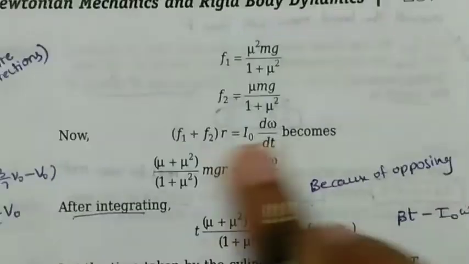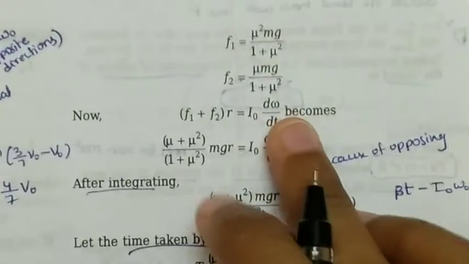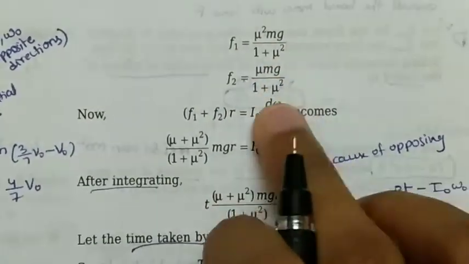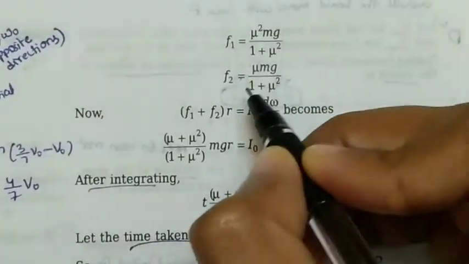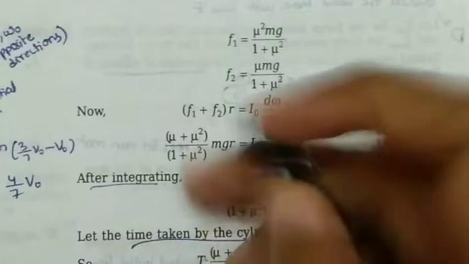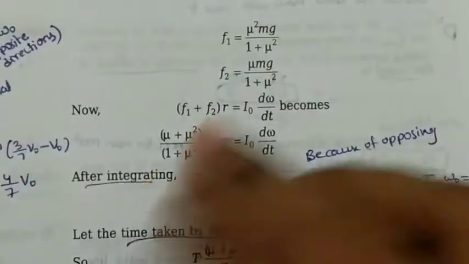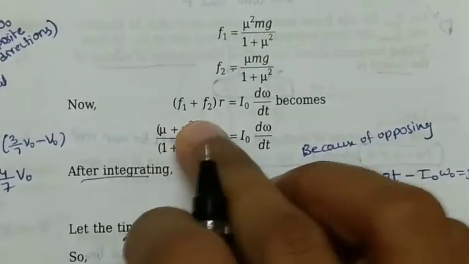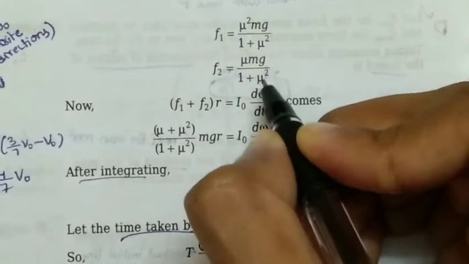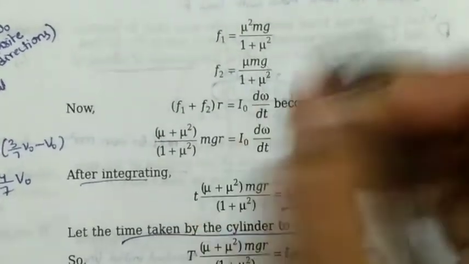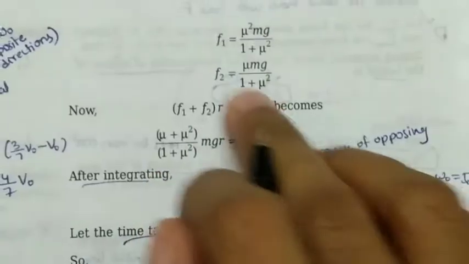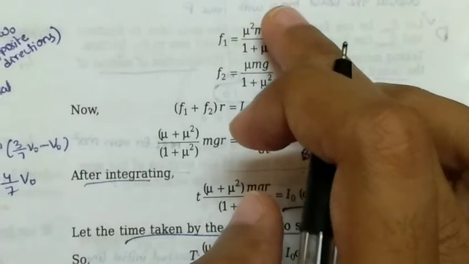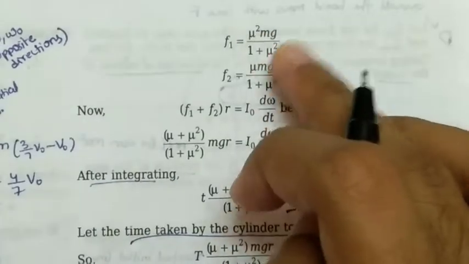Now in the place of F1 we put mu square mg by 1 plus mu square, and for F2 we put mu mg by 1 plus mu square. 1 plus mu square can be taken as common, and in the numerator we add both, mu square mg and mu mg.